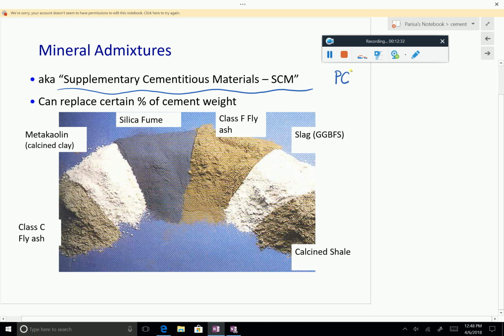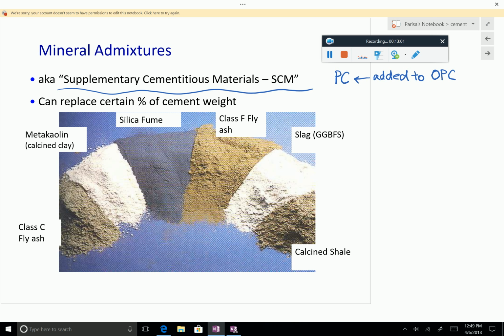It is either added to ordinary Portland cement, or it is even replacing it. So it is being used to replace a percentage of cement weight, and the motivation is typically environmental impact, or it can also be better properties.